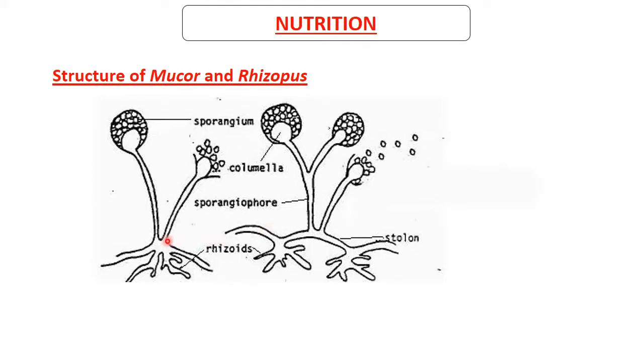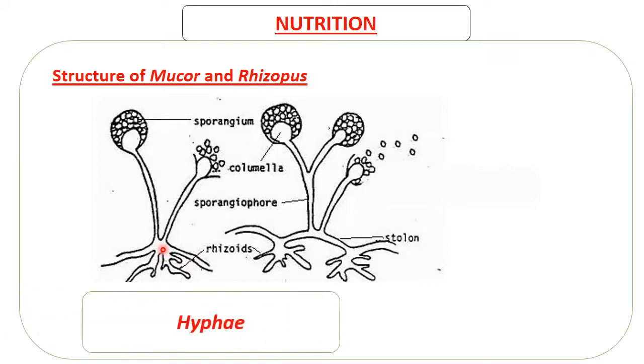Basically, the saprophytes, Mucor and Rhizopus, are made up of strands, which are coming out like fingers. These are called hyphae. These are the ones that release extracellular enzymes that end up digesting substances.